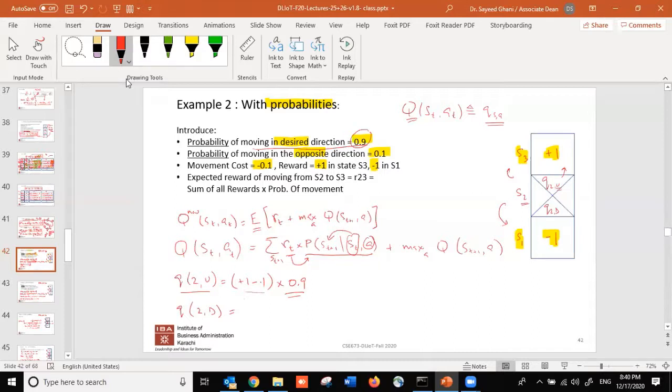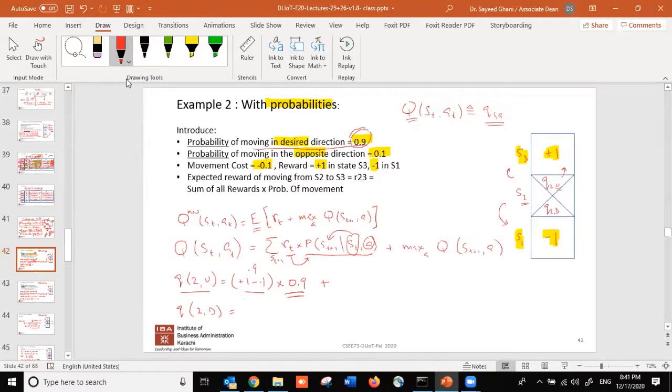That's your reward, which we did earlier as well. Now, the only thing is now we're saying that this is not the only possible direction you could end up in. There's a 90% chance you will go in the desired direction. Yes, we'll do the sum. We'll do the arithmetic later on, but it's going to be +1 minus 0.1.